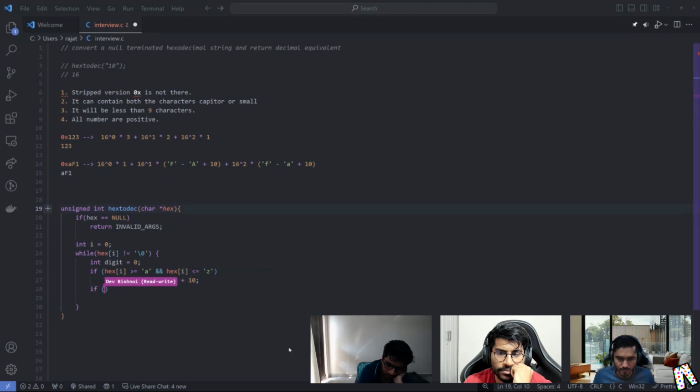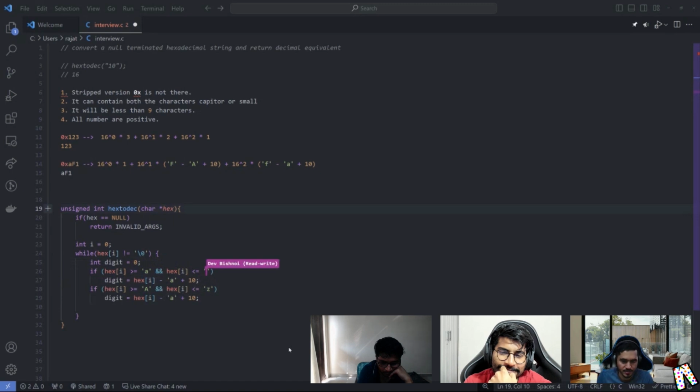I'm going to do the similar thing for the else case, for capital letters. So if x is greater than A and then smaller than, oh man, I'm not given the entire alphabet, I'm just given A to F. Why did I use Z?